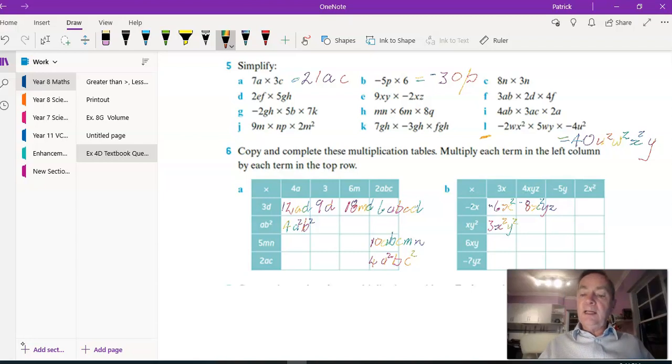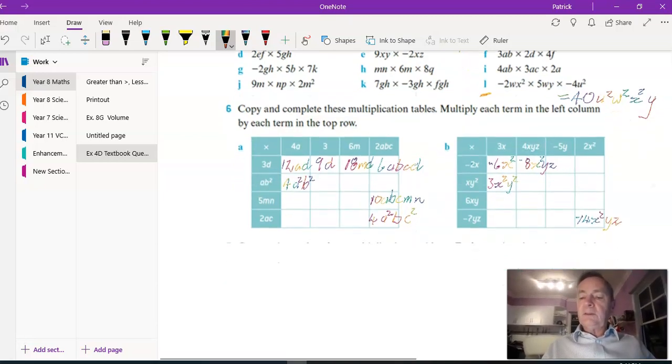So we've got negative 14, x squared, there's no other x, yz. So what I've done here is just the same as what I did in part A, but we're using negative numbers. All right, pretty straightforward. You can fill those ones out.